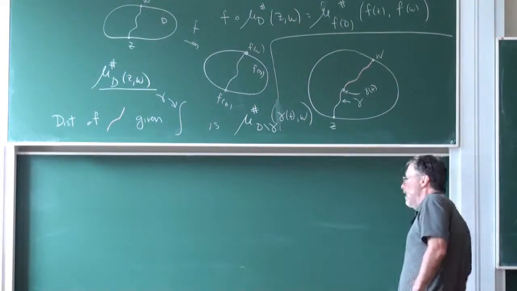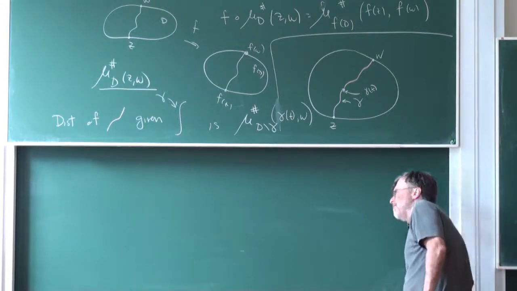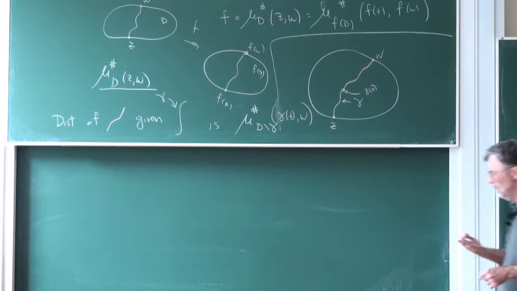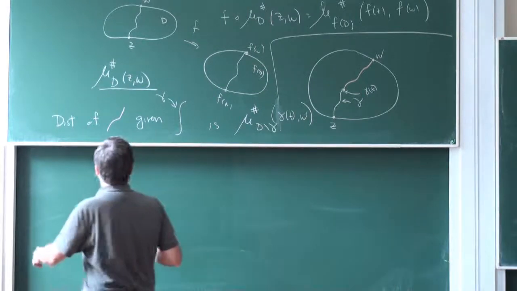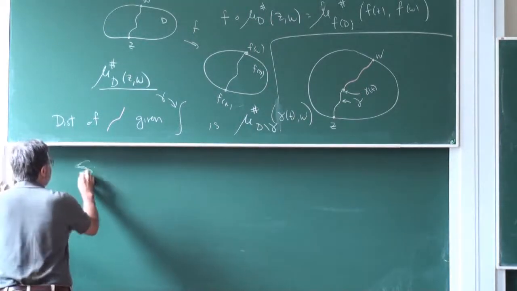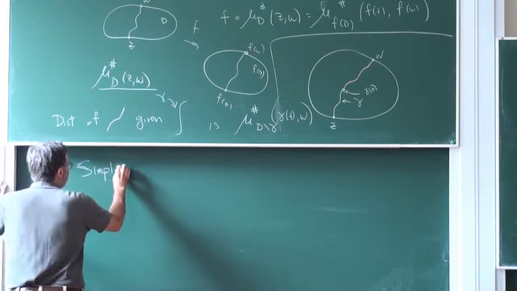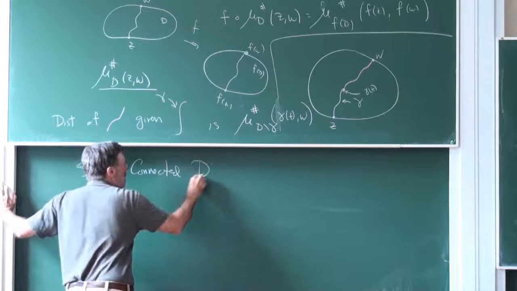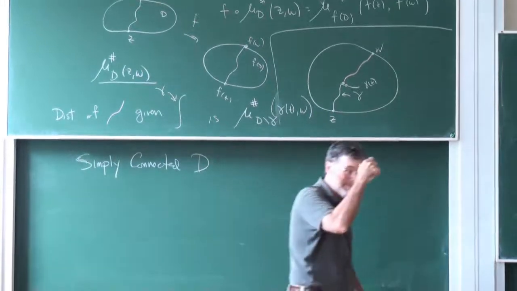And so the question that Oded asked is basically, given conformal invariance and the domain Markov property, what kind of processes can you get? The first thing he did was restrict to simply connected D, and we'll stay with simply connected D for most, if not all, of this talk.